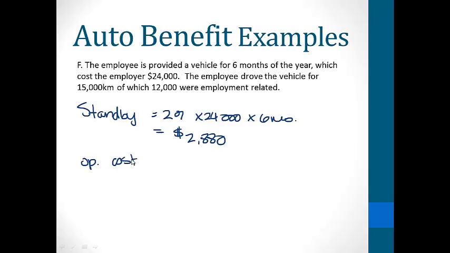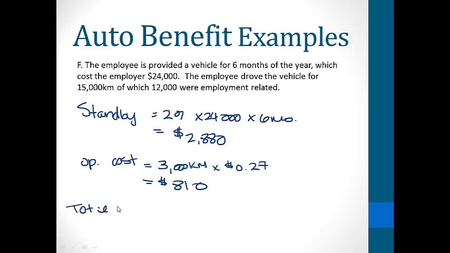My operating cost benefit is going to be 3,000 kilometers times 27 cents a kilometer. So the 3,000 times 27 cents a kilometer is going to give me $810.